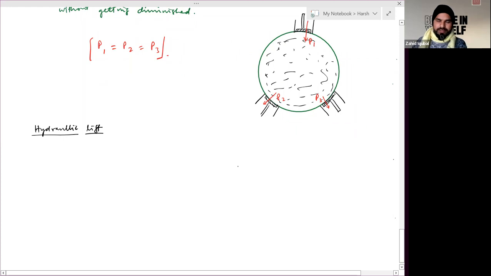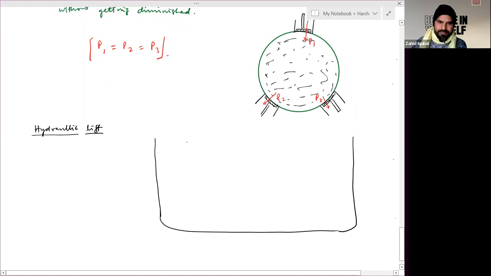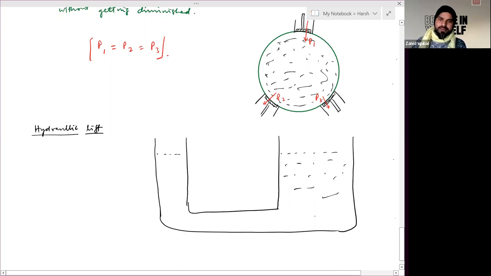Hydraulic lift, which is based on Pascal's law. There is an arrangement like this, in which liquid is filled, which is incompressible, enclosed in this particular tank.